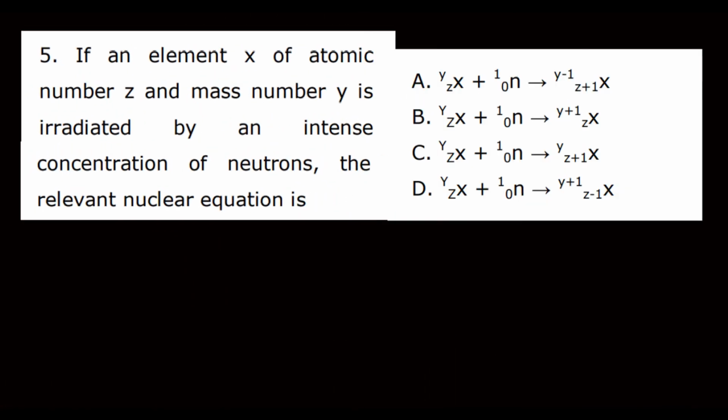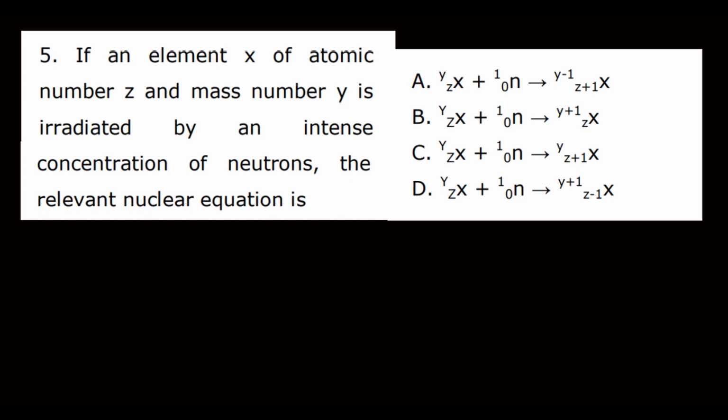So that's also our last question for today, our last question for the first part of this series. Question 5. If an element X of atomic number Z and mass number Y is irradiated by an intense concentration of neutrons, the relevant nuclear equation is as shown on the screen. So which of these will be the correct answer? This question is on radioactivity, and it is more of an artificial transmutation where a radioactive nucleus is bombarded with a neutron.